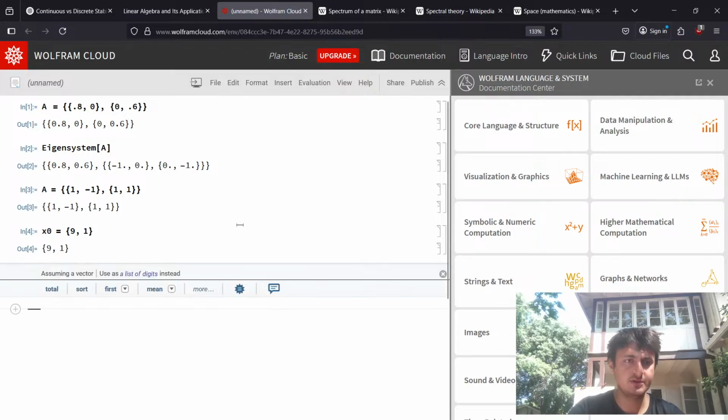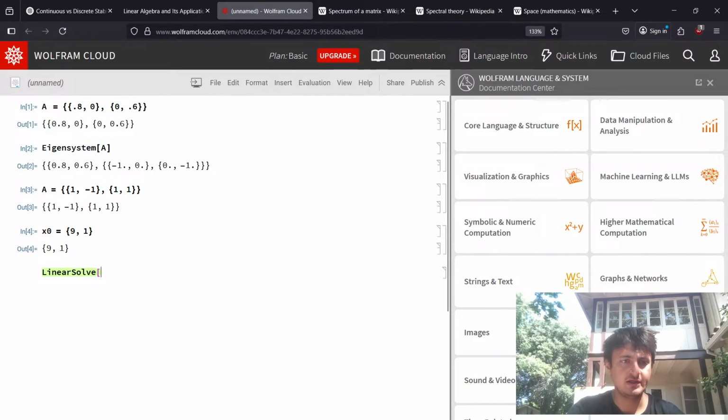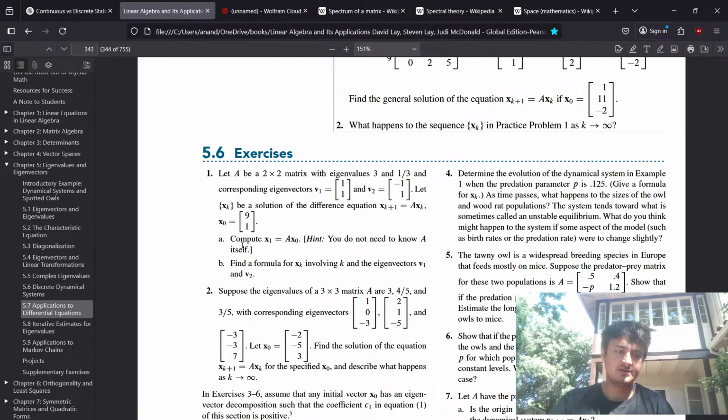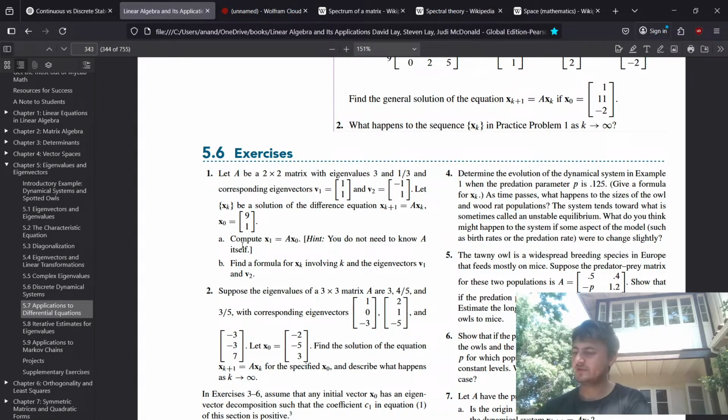So now what we can do is linear solve A for x0, and we get 5, minus 4. And what that means is, I'll actually do it on paper. I'll compute the eigenvalues and stuff like that, not on paper, just for the sake of whatever.